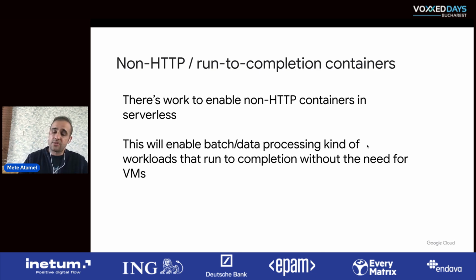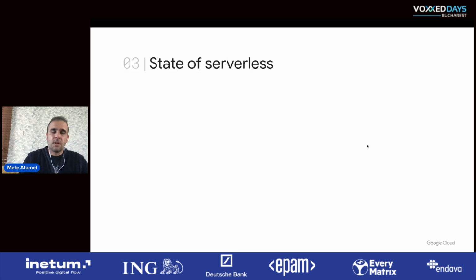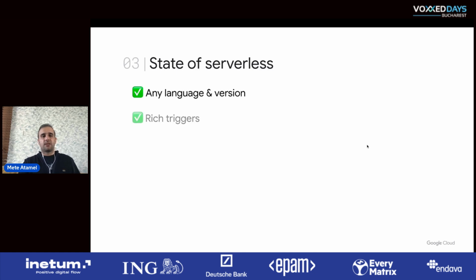And on Google Cloud as well, there's a service that we are working on to enable this kind of use cases. All right, so the state of serverless as of today, in my opinion, is that you can pretty much use any language and version you want. You have rich triggers, so you can pretty much connect any service to any serverless service that's running.